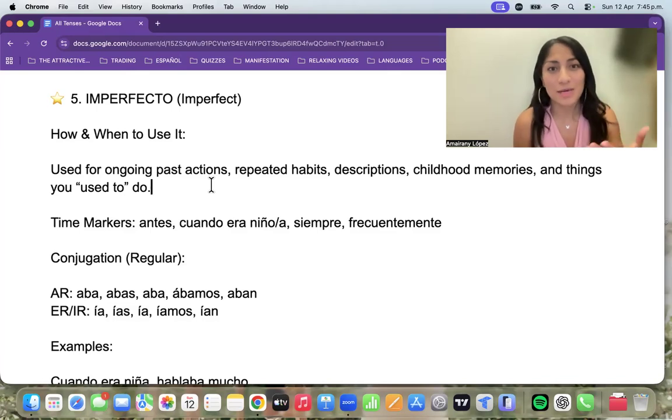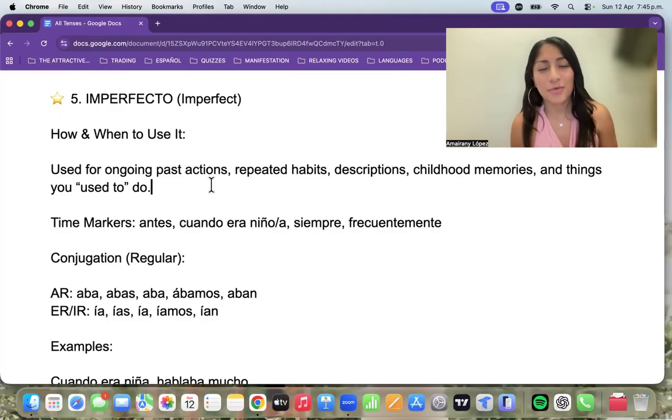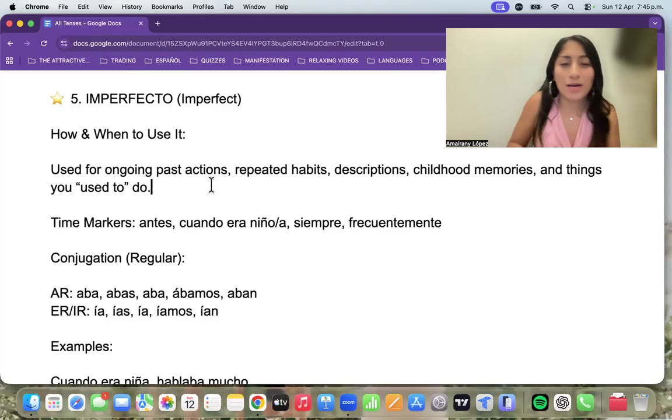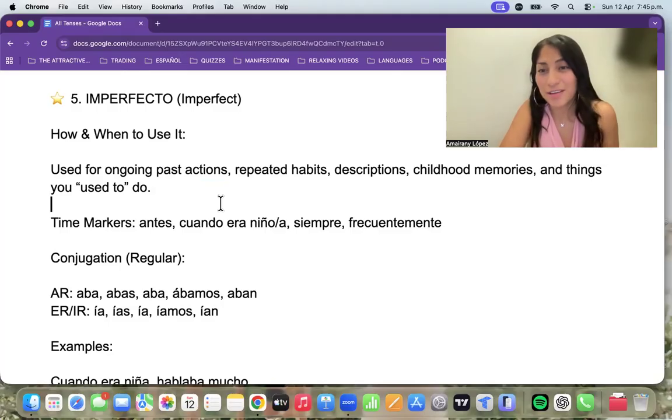But this, for example, if I say, I used to eat, that doesn't necessarily tell you that the action in a way is completed, right? I mean, it happened and there was time in which you did that action, right? It happened for a while. It was an ongoing past action. Okay, it was also a habit in the past.